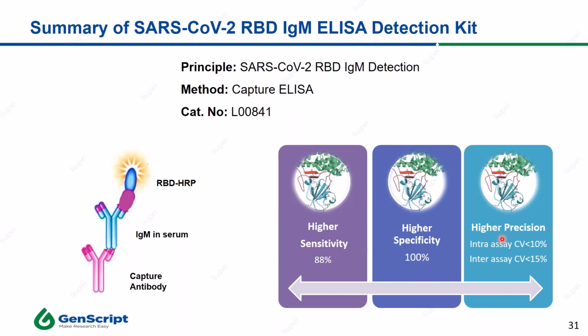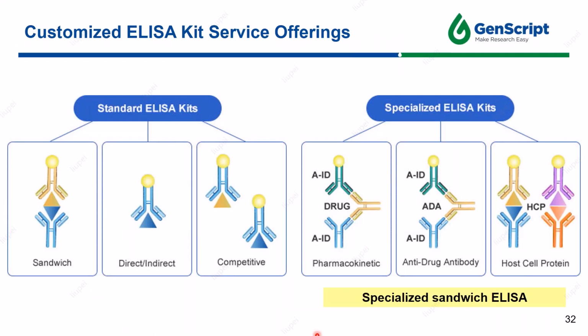For GenScript, we offer services for all the different ELISA kit formats. In addition, we also offer specialized sandwich ELISA kit development services such as PK, ADA and HCP ELISA.